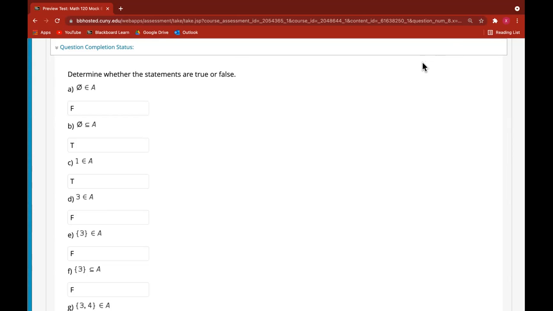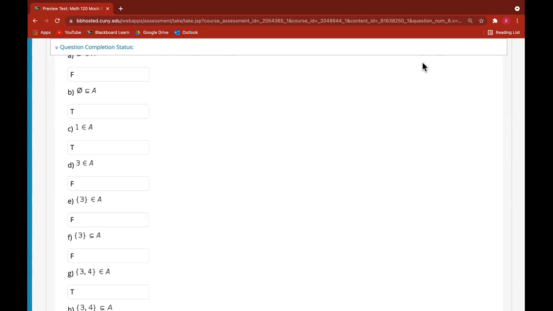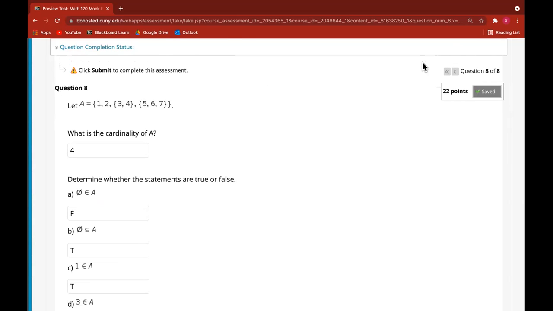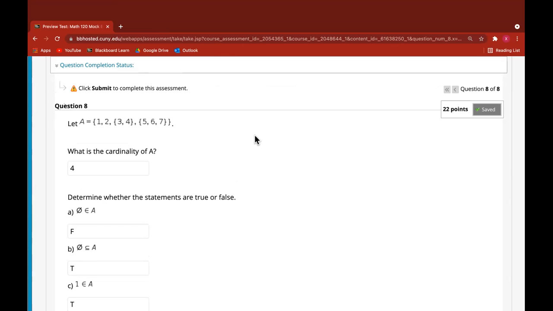Say we have a set A with element 3, and an element that is a set of 5 and 4. I wrote a question that asks whether the set of 4 and 3 is a subset of A, and I would write false. We can work with that.